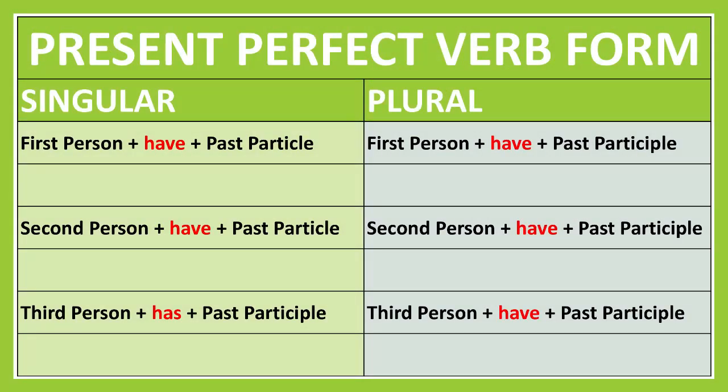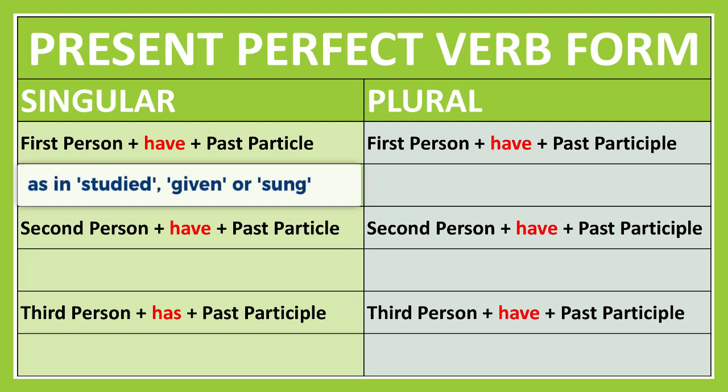Now, the third form, present perfect. Here, have is paired with the past participle form of the verb ending in ed, en, or an irregular form for the first and second person, both singular and plural, whereas third person singular uses has with the past participle.